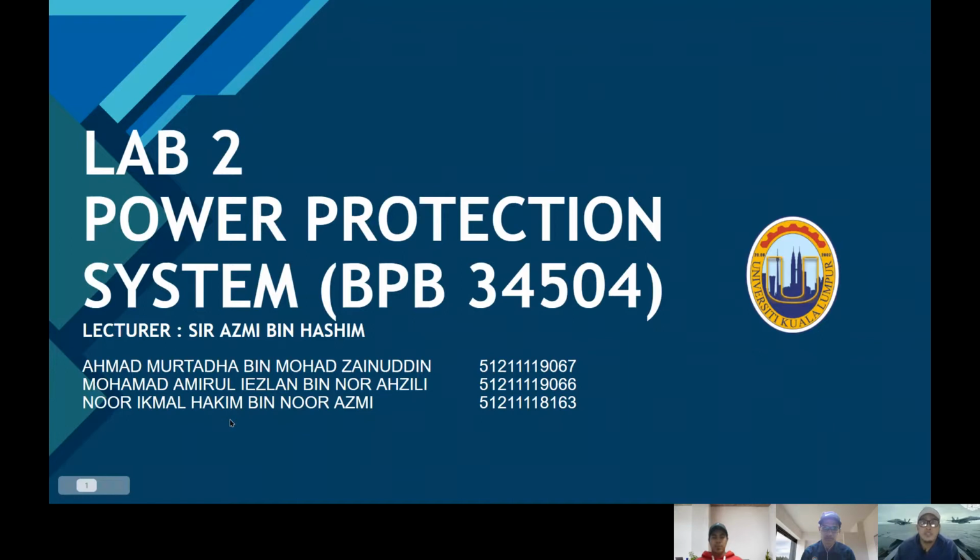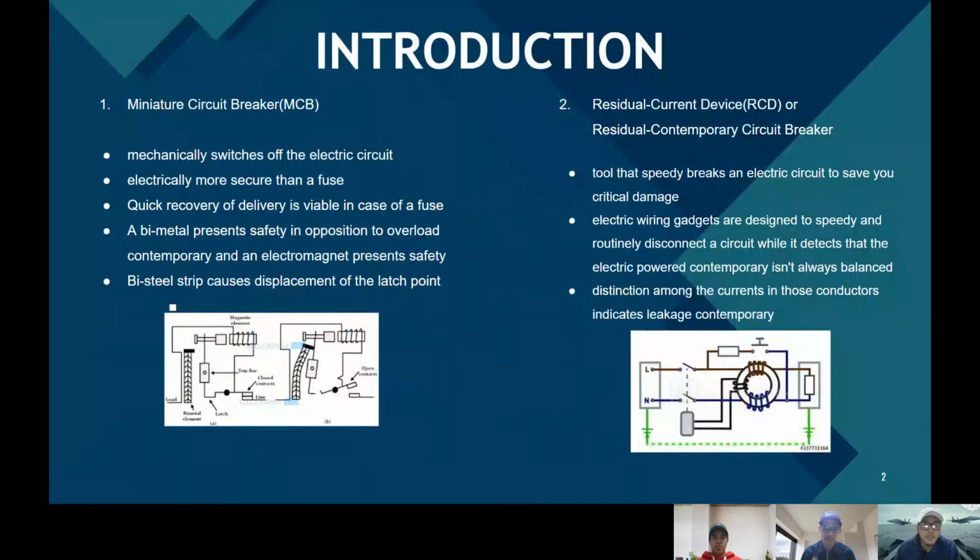First, the circuit breaker. A circuit breaker mechanically switches off the electrical circuit during an extraordinary circumstance, such as an overload in addition to a defective circuit. Next, quick recovery of delivery is variable, in place of a fuse.